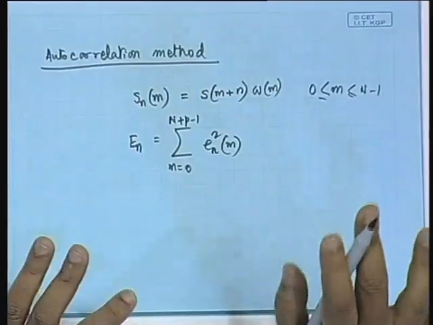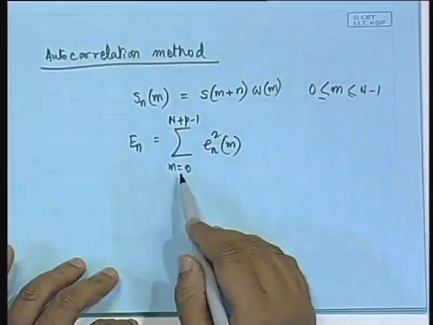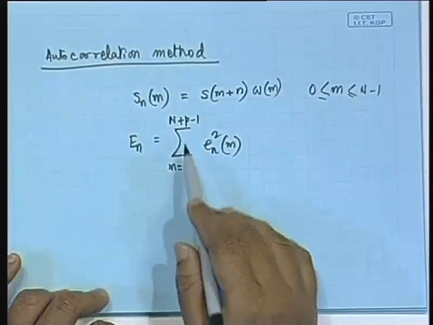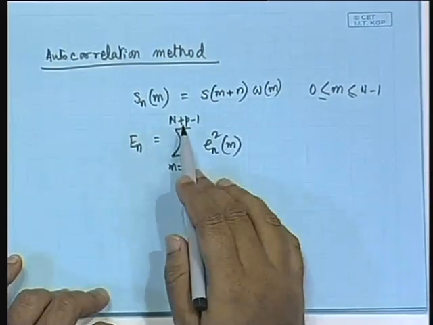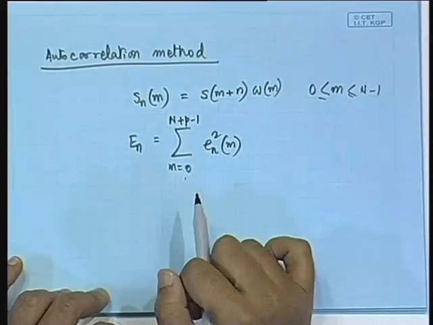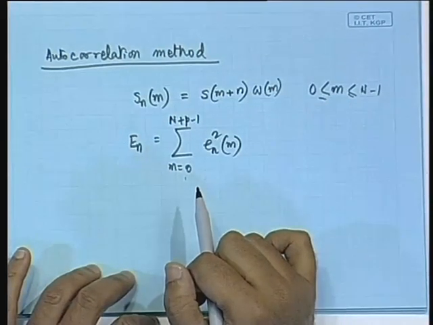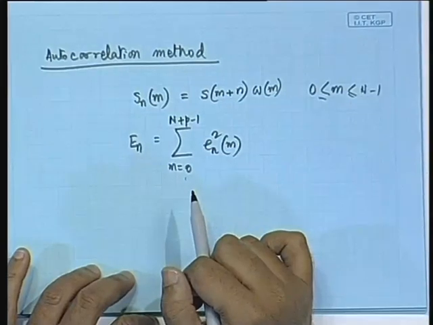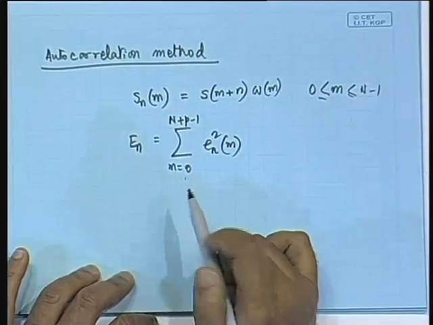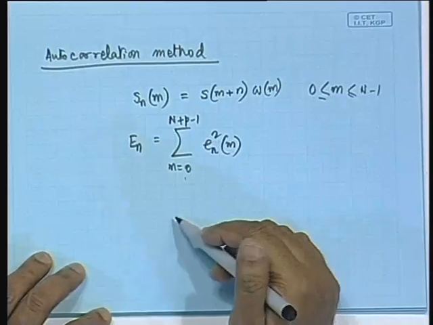Now, with this definition of the error, the error is defined from m equal to 0 to N plus p minus 1. Again we just go over to our definition of phi n of i, k. So, what is our phi n of i, k?